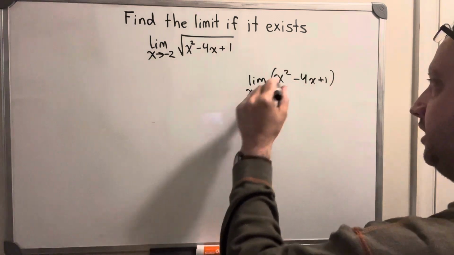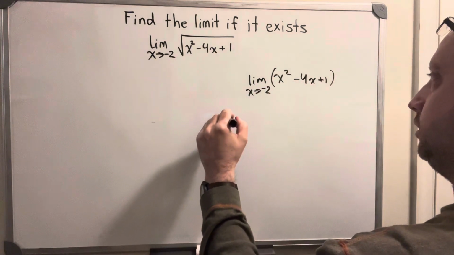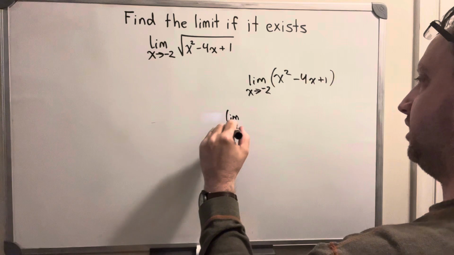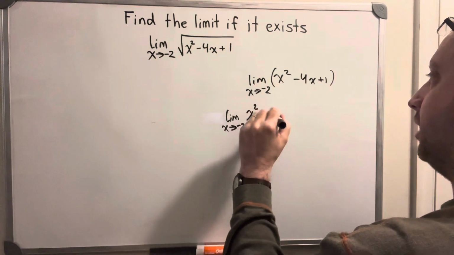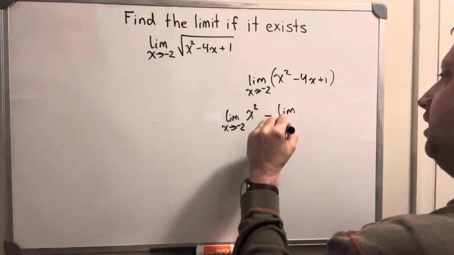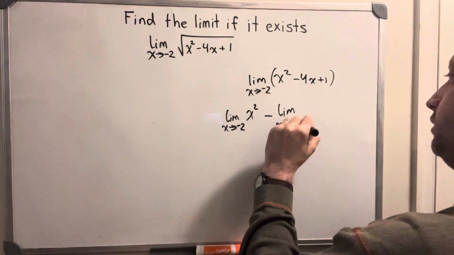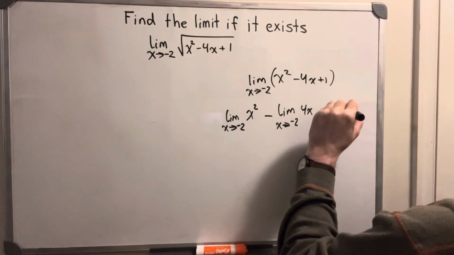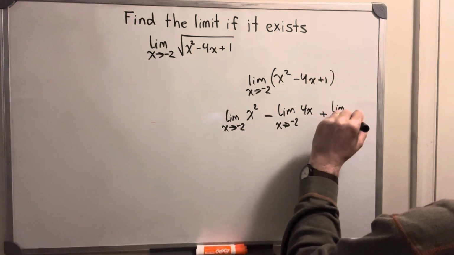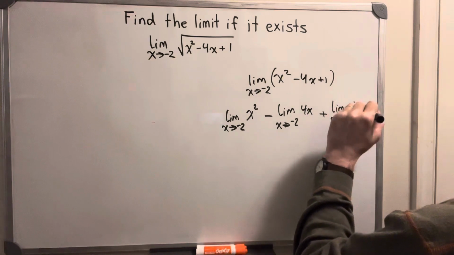So in this case we have 3 addends, but we can extend the sums and differences. So we can say that this is equivalent to the limit as x approaches -2 of x squared minus the limit as x approaches -2 of 4x plus the limit as x approaches -2 of 1.